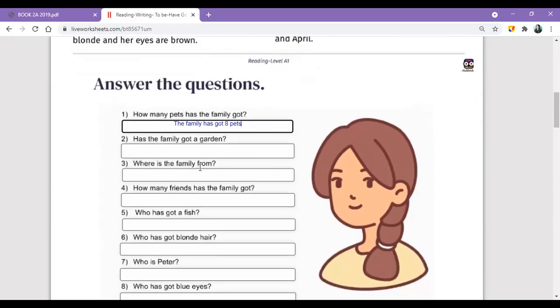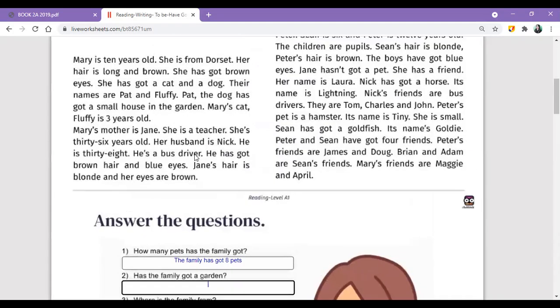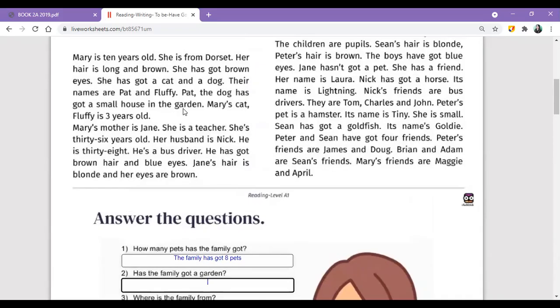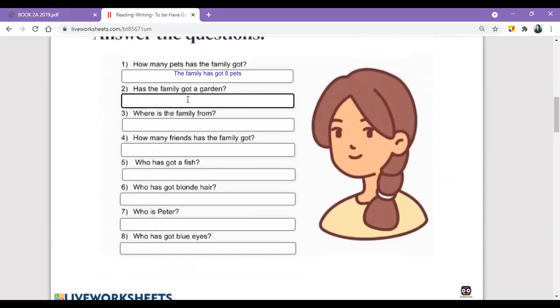Okay. Number 2, has the family got a garden? The family hasn't. No, they hasn't. Really? It says the dog has got a small house in where? Garden. Exactly. So has the family got a garden?